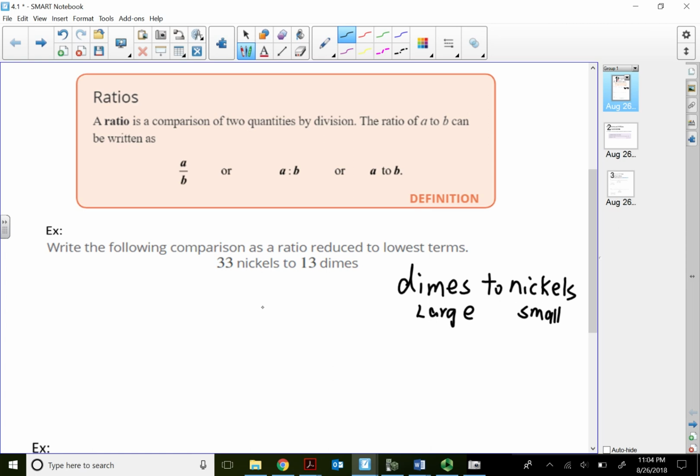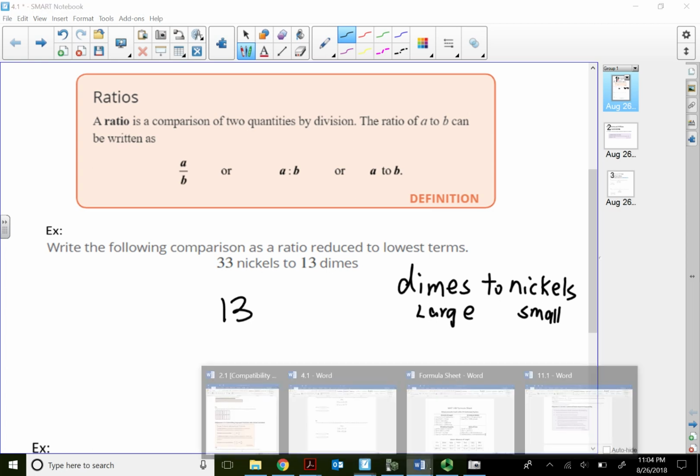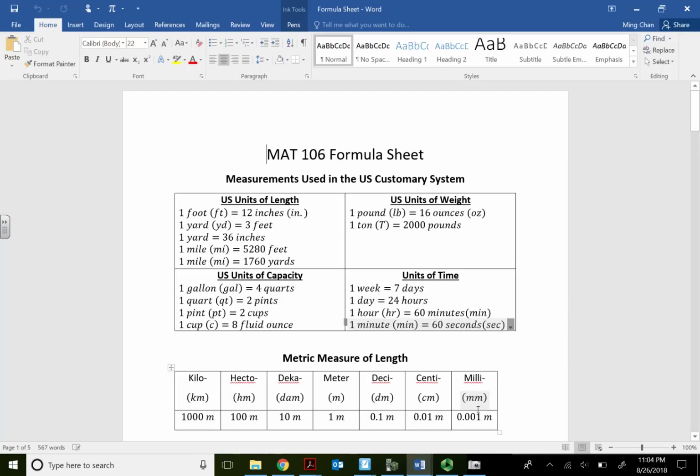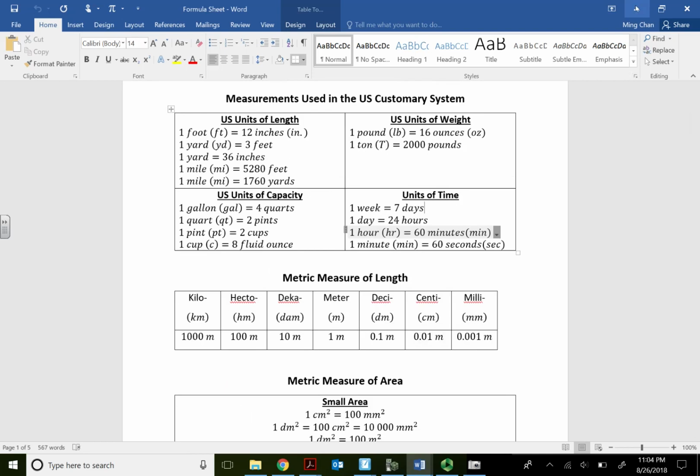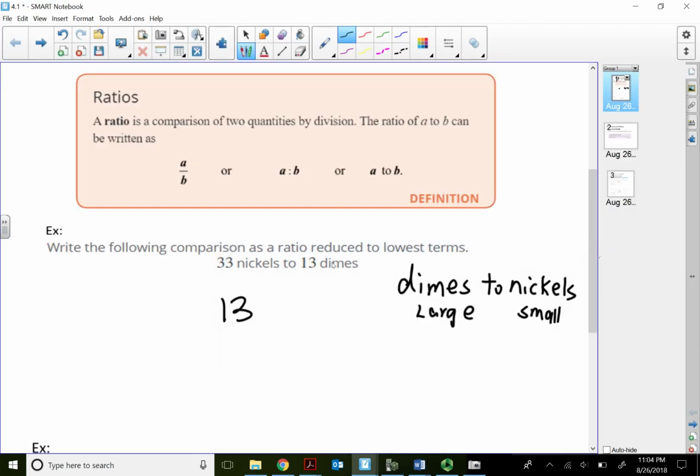So let's convert first. 13 dimes. On the formula sheet, conversion between nickels and dimes, let's see, do I have it? I don't have it on here. So let's just think about this for a minute. Every dime is 2 nickels. So that's the ratio: 1 dime is equal to 2 nickels.